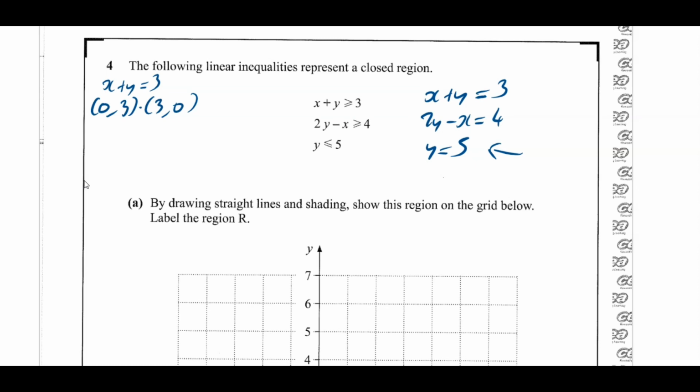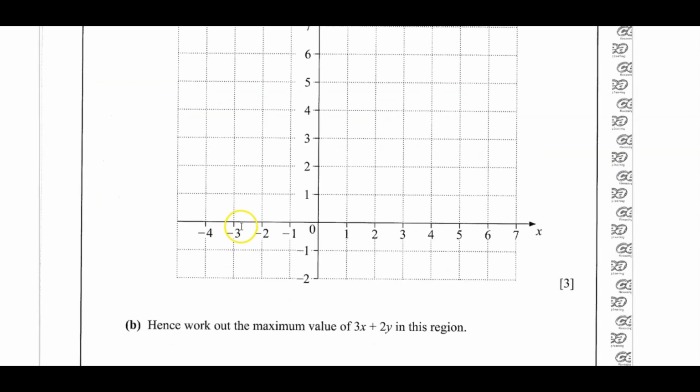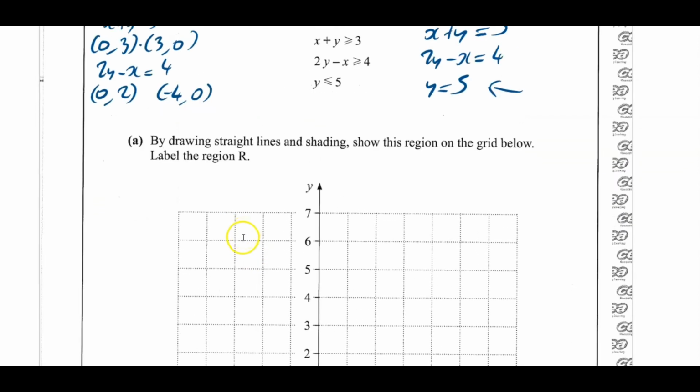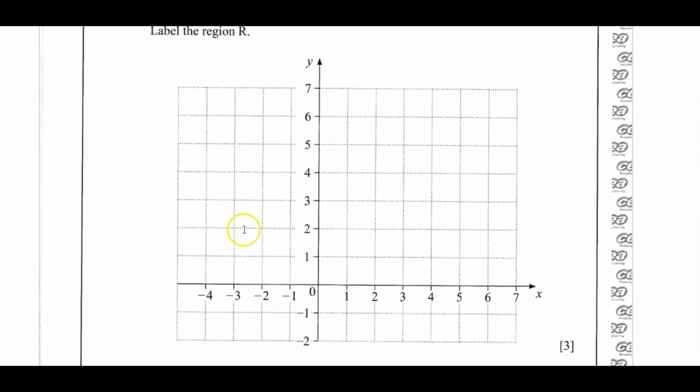For 2y minus x equals 4, we'll put x equal to 0, then 2y equals 4, which means y equals 2, and put y equal to 0, and you're going to have x equals minus 4. Now let's check those points will go on our graph. They will. So I'm going to mark on 0, 3 is here, and then 3, 0, that's my first line.